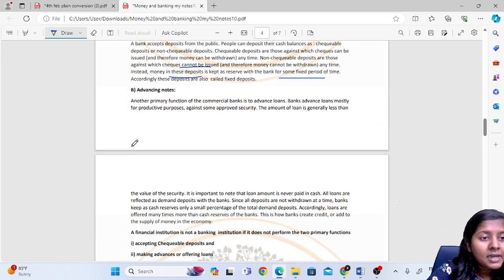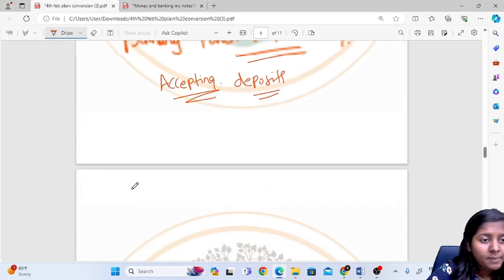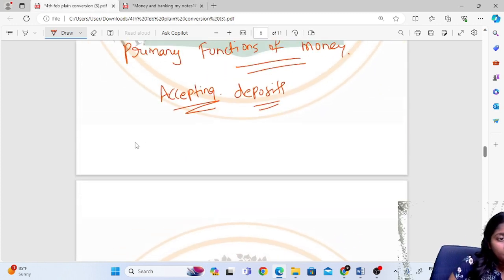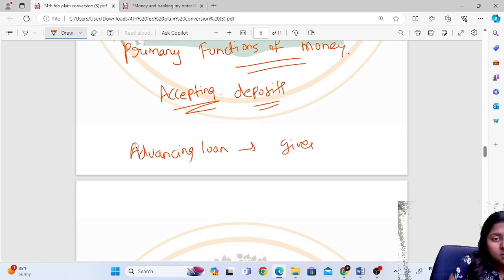The second primary function of a commercial bank is advancing loans. It gives loans to common people.